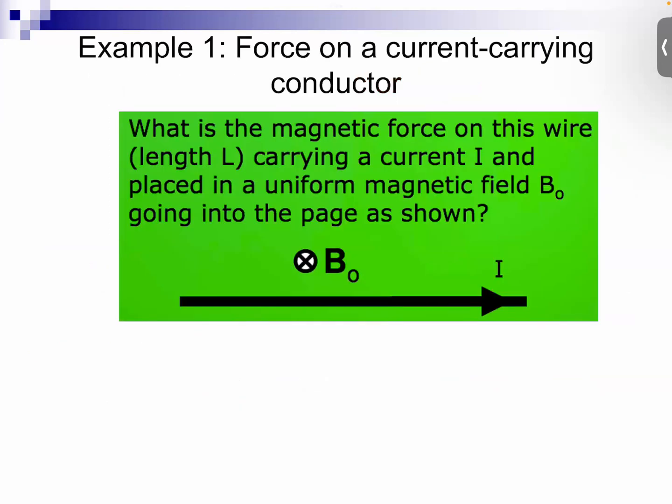Say, for example, you have this wire, it carries a current I in the direction of plus I hat, and there's a magnetic field around the wire. The magnetic field is directed into the page, minus K hat, as indicated by this cross here. What's the magnetic force experienced by this wire?